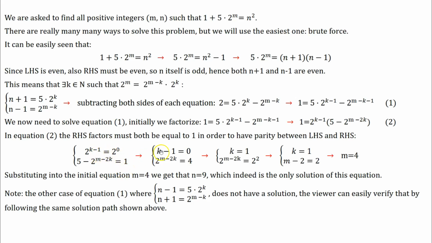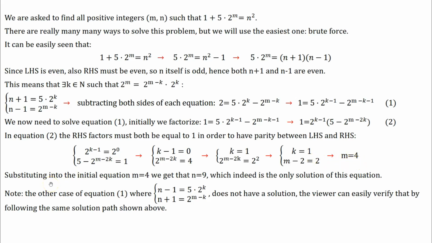Now we have the parity of exponents: from the first equation k minus 1 is equal to 0, so k is equal to 1, and in the second equation 2 to the power m minus 2k is equal to 4, so 2 to the power m minus 2 is equal to 2 to the power of 2. So k is equal to 1 and m minus 2 is equal to 2.